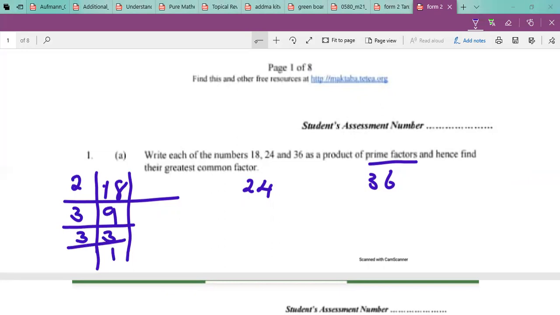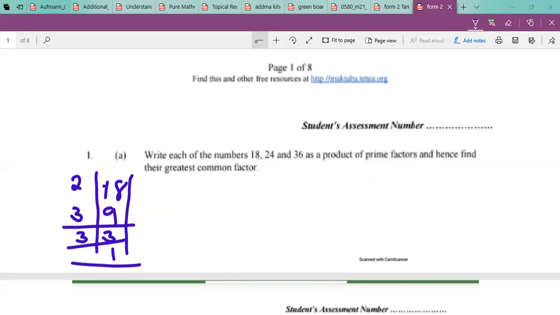The moment you find 1, you are done, you stop. So 18 can be written as 2 times 3 times 3.